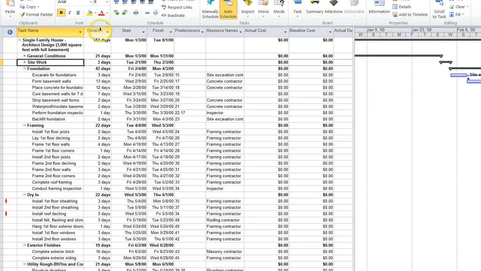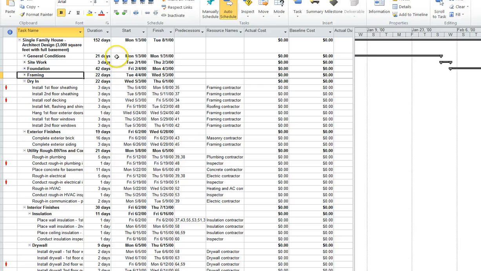Then the next column has the total number of days for the project and the number of days for each specific task. It has a start and finish date for the whole project or for each specific task. Any predecessors that need to be done before that specific task is complete.